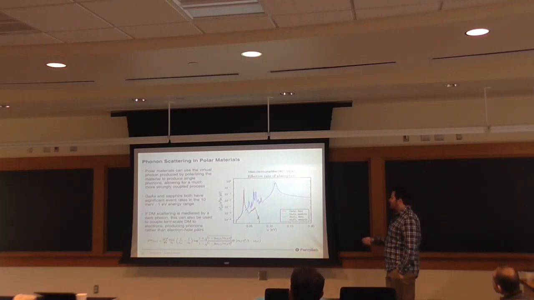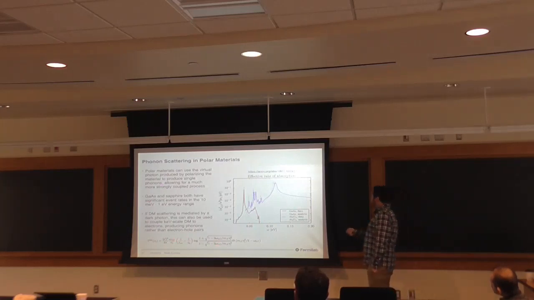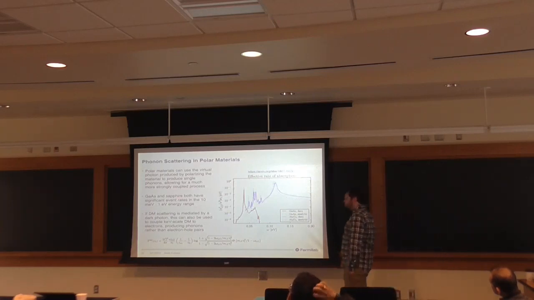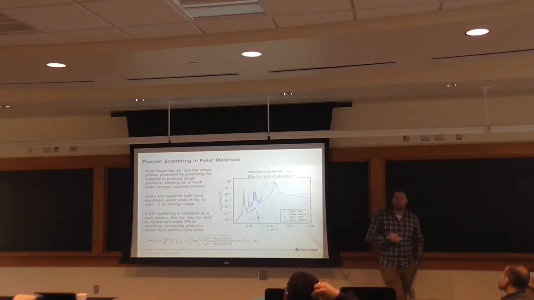If you can polarize the material very easily, you can get a resonance right around the optical phonon energy. So for polar materials, you get a huge rate enhancement there. If you warm it up, it gets a little broader. But basically, you can use these as very sensitive probes for bosonic dark matter absorption.